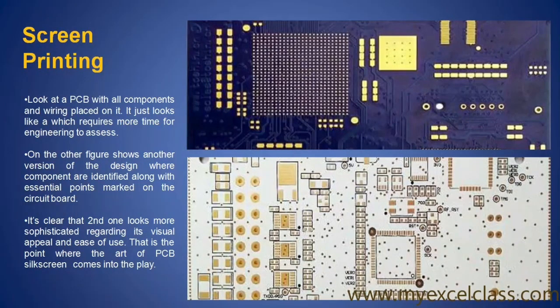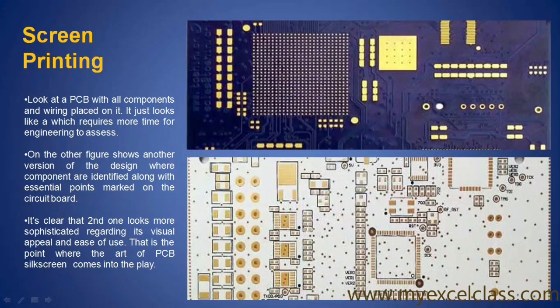Next one is which company made this board; the name of the company you put here on your PCB board. This is the silk screen, or yellow color. So this is the silk screen rule.